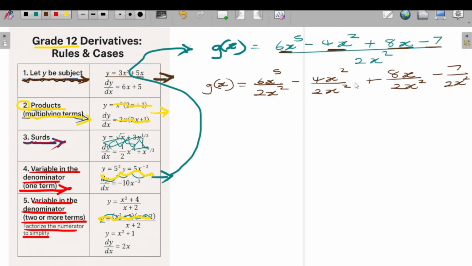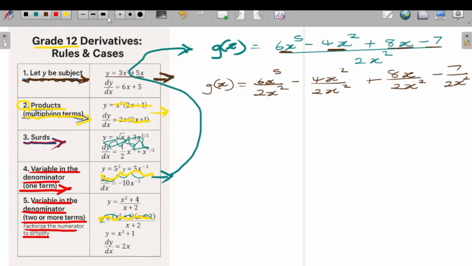Now, if they told you to simplify this, you know that the denominator is the same, so you will just add and subtract the numerators. So we just made it longer, because if it was simple, then it would be what it appeared to be at first.